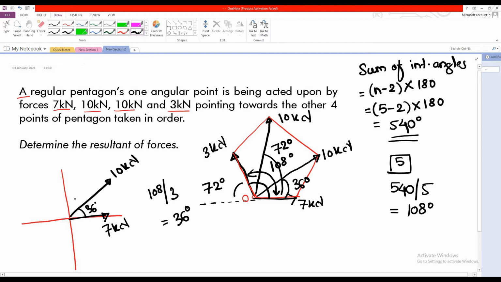Then another 10 kilonewton force, and this 10 kilonewton force has an inclination of 36 plus 36, that is 72 degrees. And then the 3 kilonewton force, and the angle is 72 degrees.